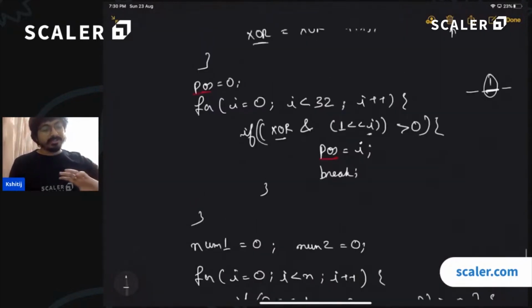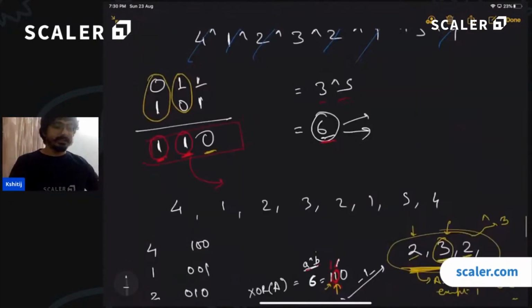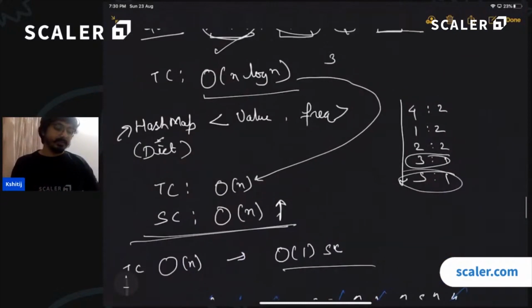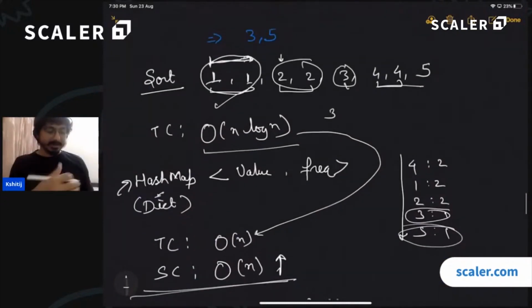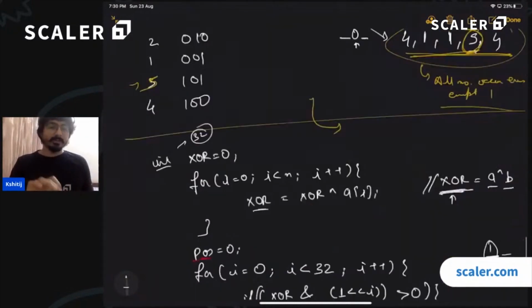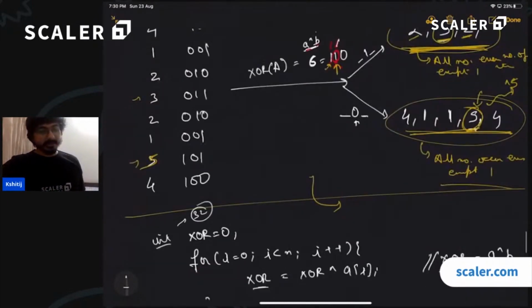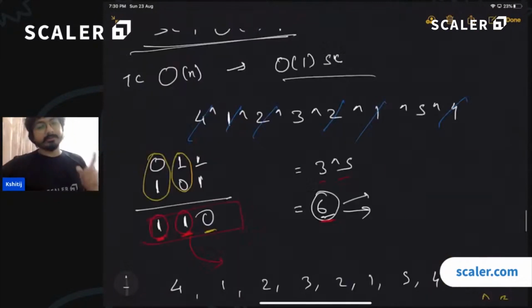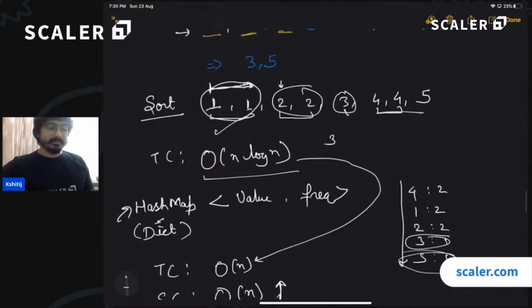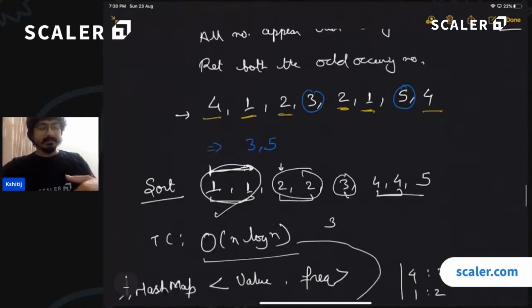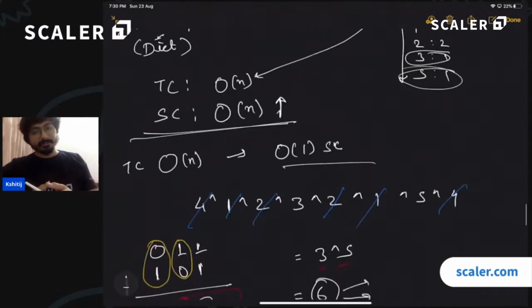So all the concepts that we have studied throughout the class have been used in this single problem, right? Let us quickly revise this problem. The problem was that you are given an array where all the numbers are appearing even number of times except two elements, right? So what we did was, first thing was that we took the XOR of all the numbers.